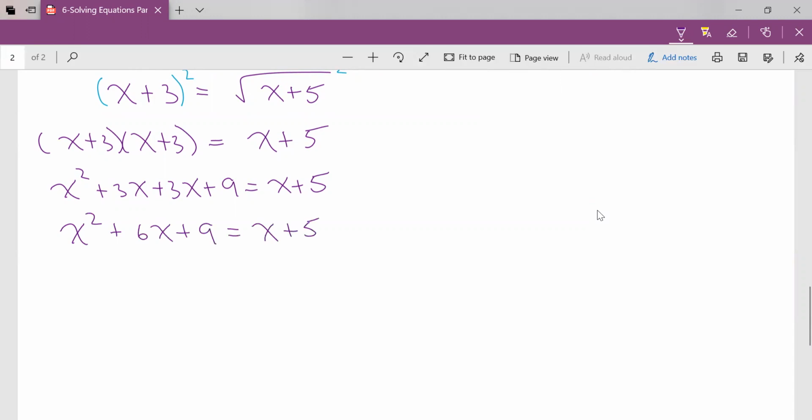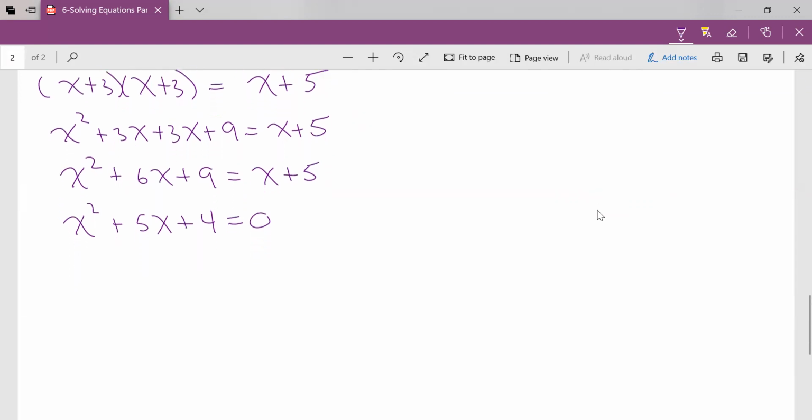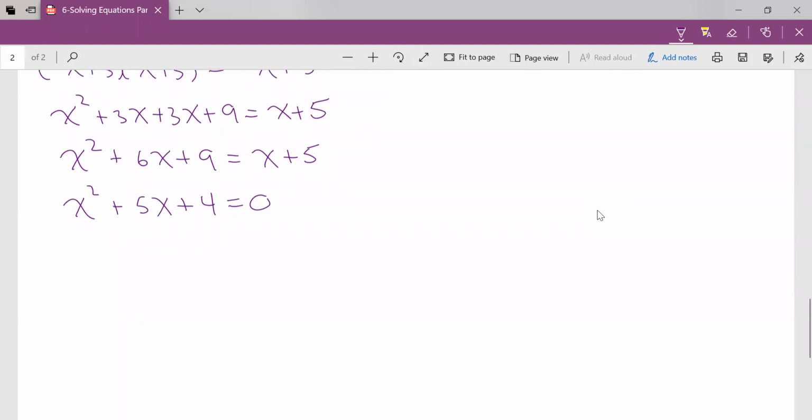Okay, I want to solve this thing. It's a trinomial. So I want one side equal to 0. So I'm going to bring everything over to the left-hand side. Equals 0. Okay, it's a trinomial, my friends. So we can solve. So step 3 is solve. How we're going to solve this thing is we are going to factor.